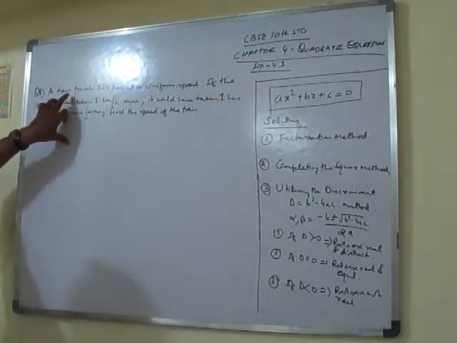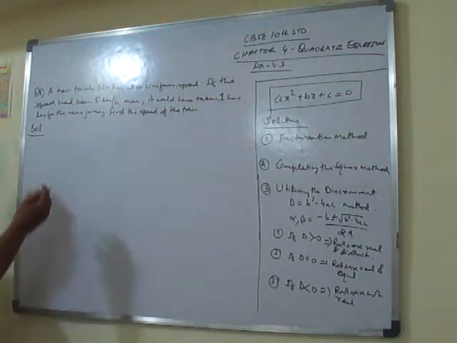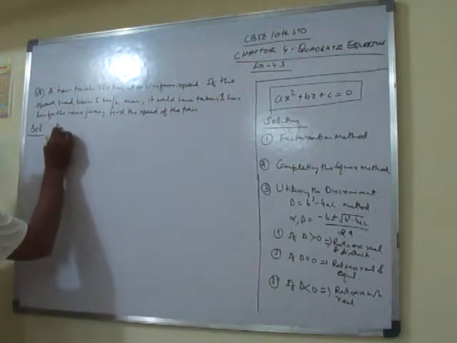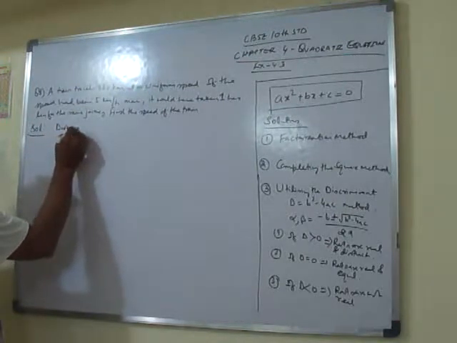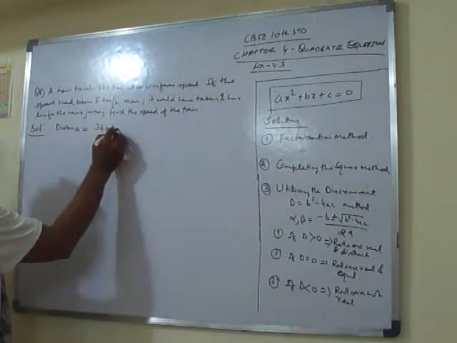By that we can find out the speed also. A train travels 360 kilometers at a uniform speed. So the distance is given to us, that is 360 kilometers.